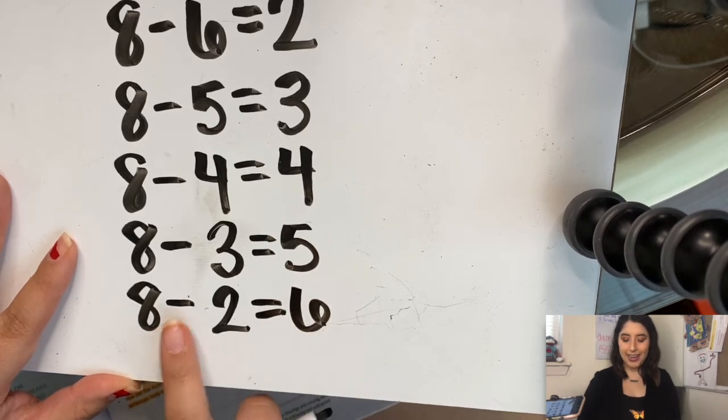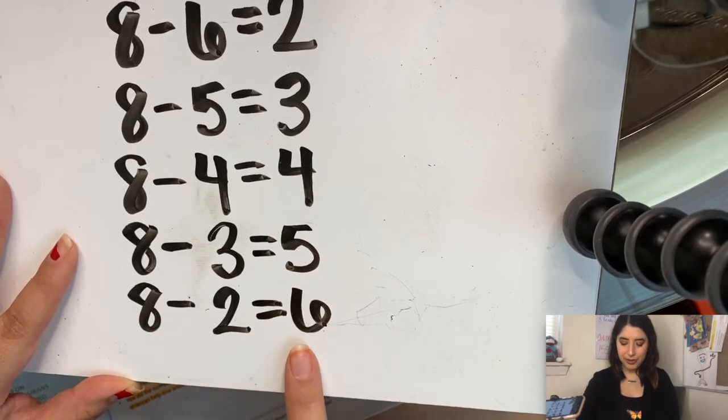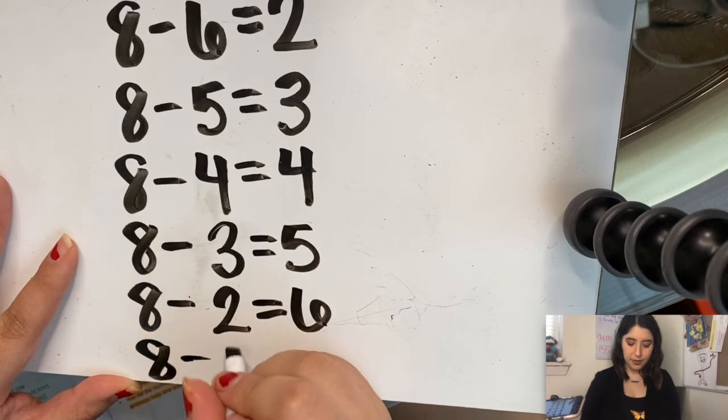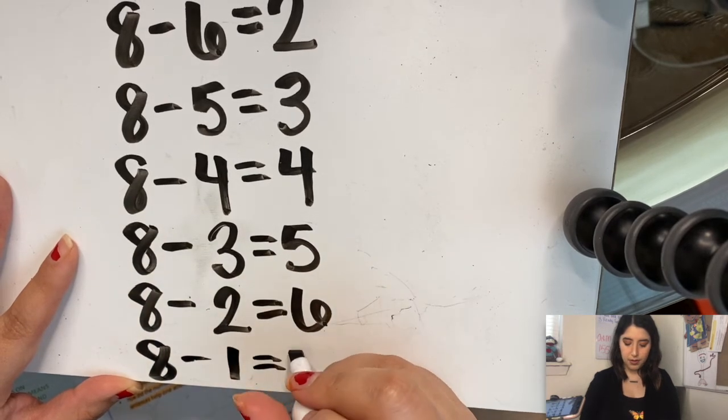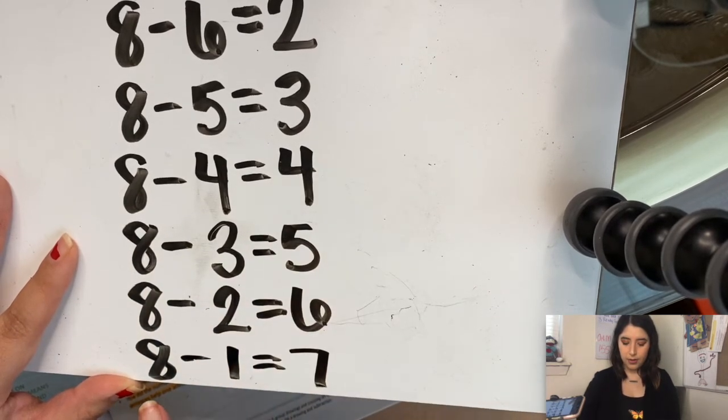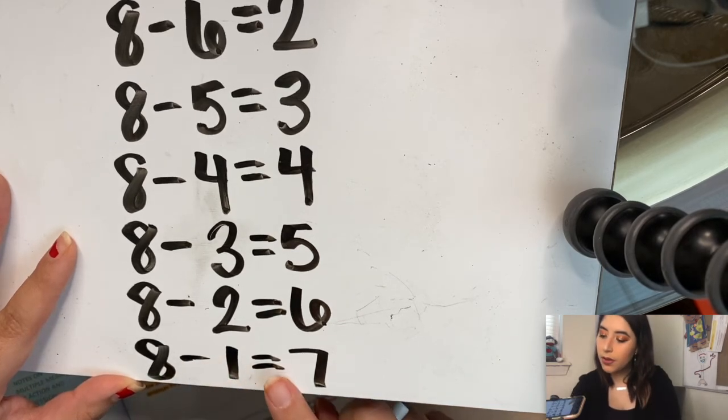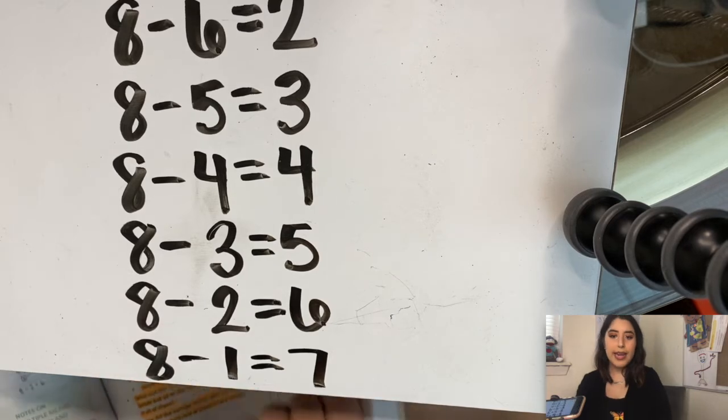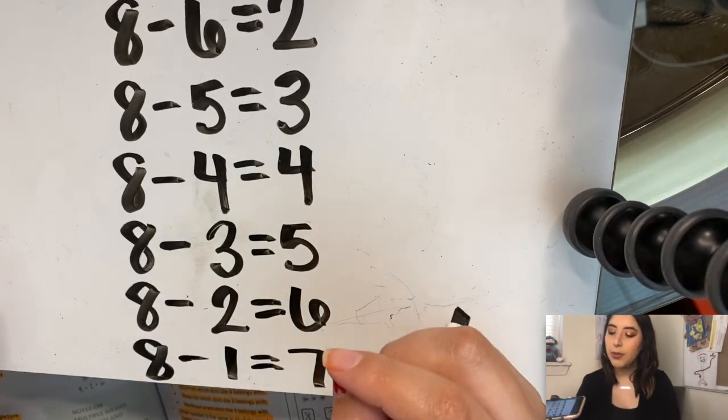Yes, 8 minus 2 equals 6. Read it to me. 8 minus 1 equals 7.